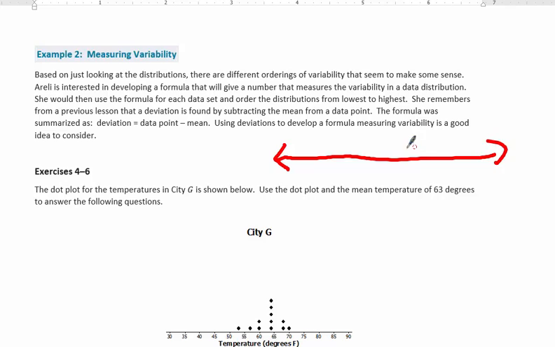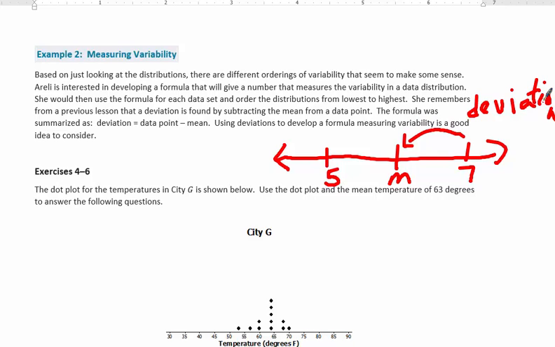So a deviation by itself, this is my mean, M for mean, tells me how far it is from the mean. So that is my deviation. That certainly addresses the concept of variability. This deviation is how I can tell the variability, how I can tell its change.